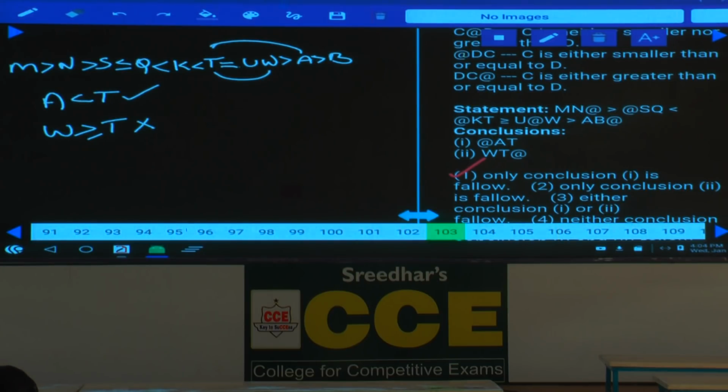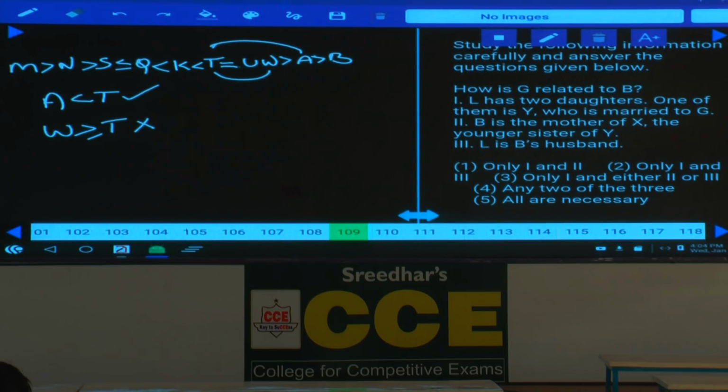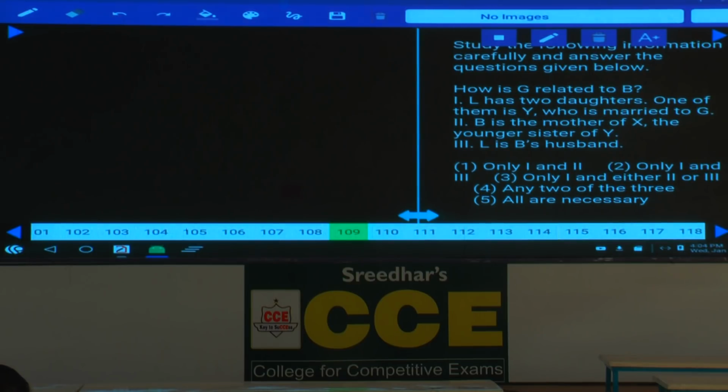Next one, question numbers 109 to 110. Now in this 109 to 110, these two questions are based on data sufficiency. So answer in the 109. Yes, what is the answer we are getting here? 109, what is the choice you are getting?